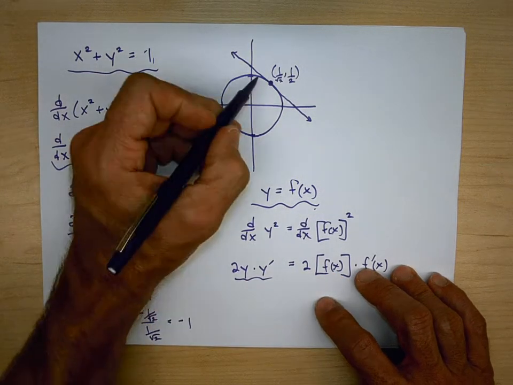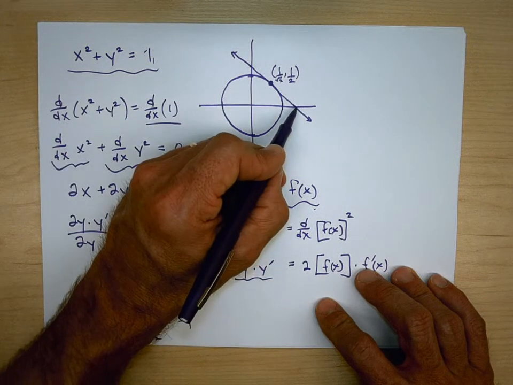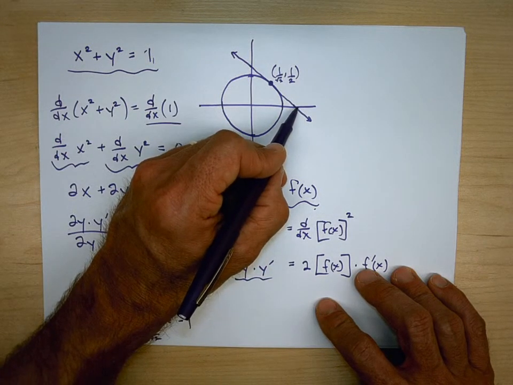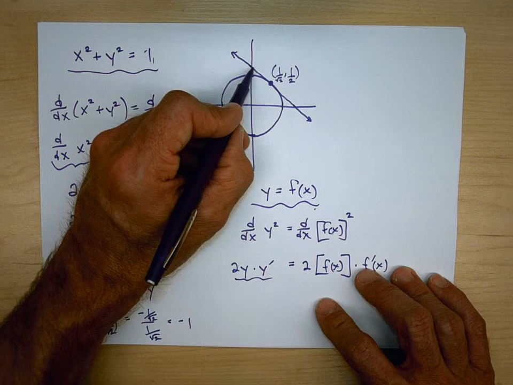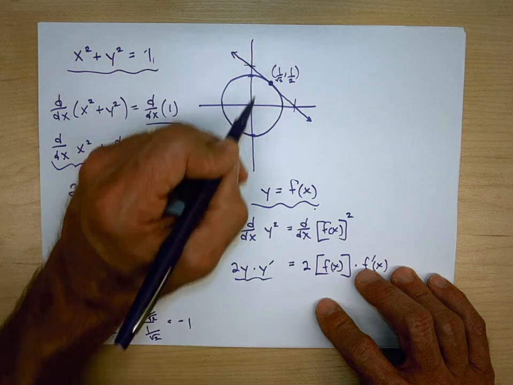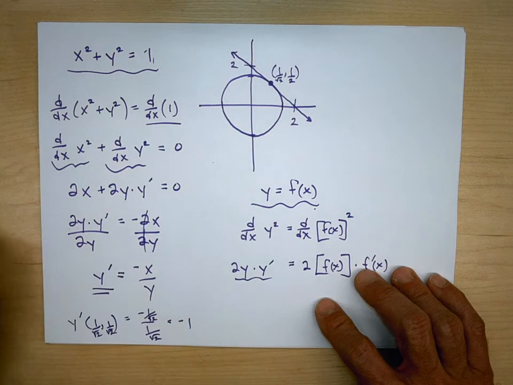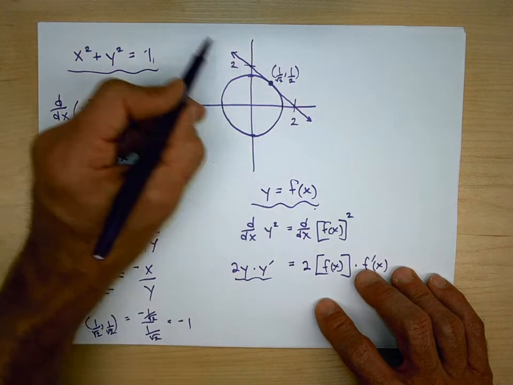And if you look at that, it makes sense. It's a negative slope. It looks like it's going to hit the x-axis at about the same place as the y-axis. If this were 2, then that would also be 2. There's a slope of negative 1 there.